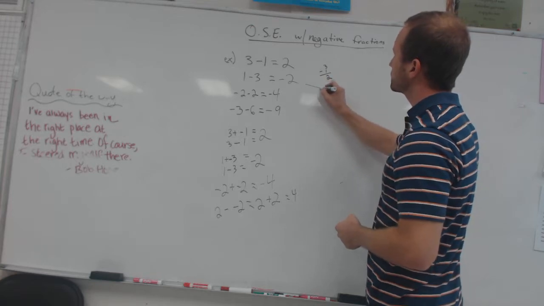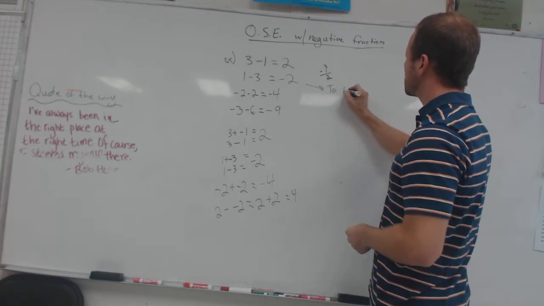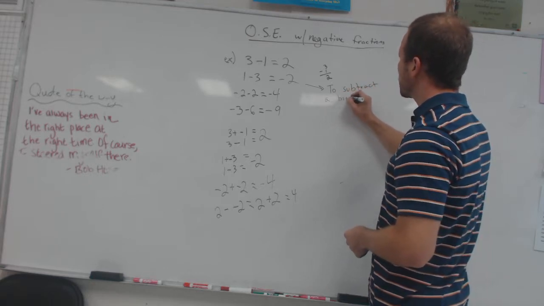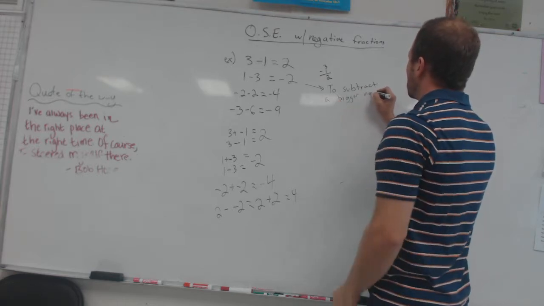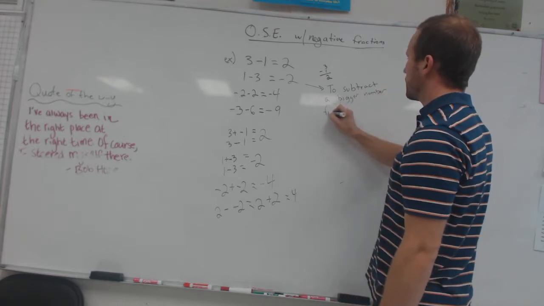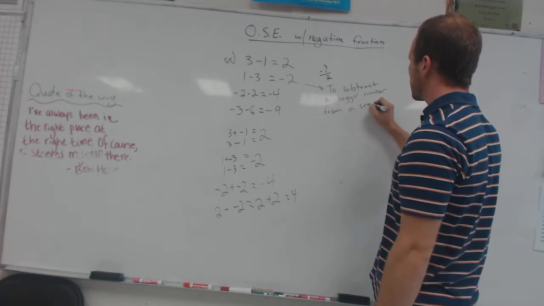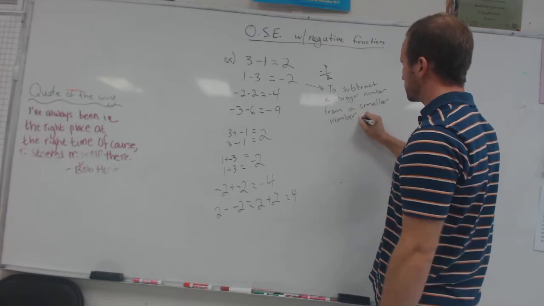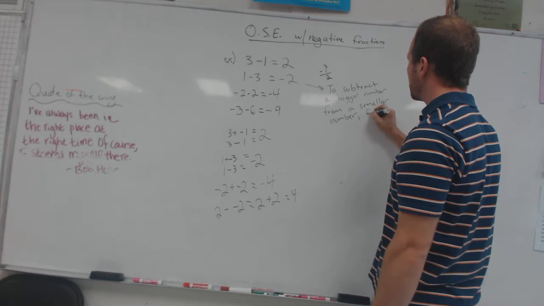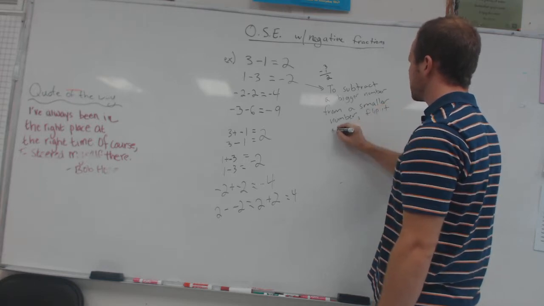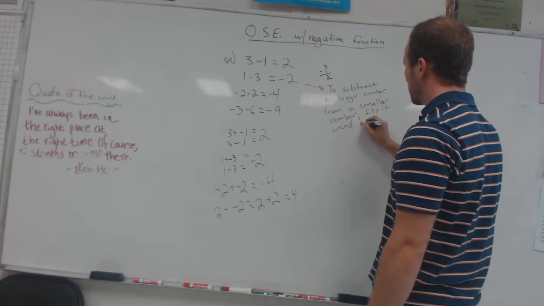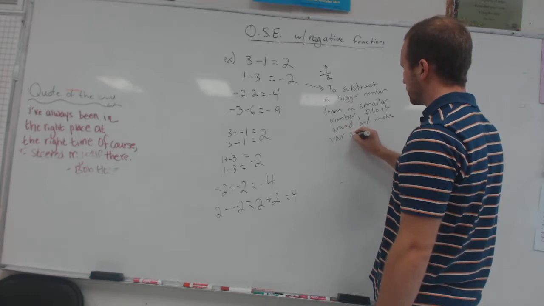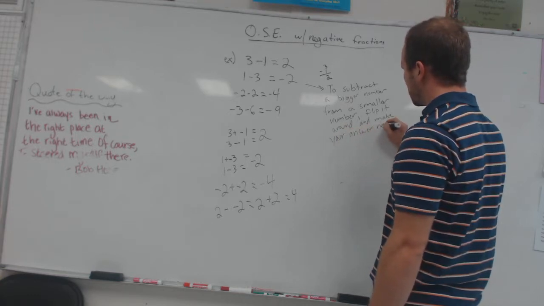We say to subtract a bigger number from a smaller number, flip it around and make your answer negative.